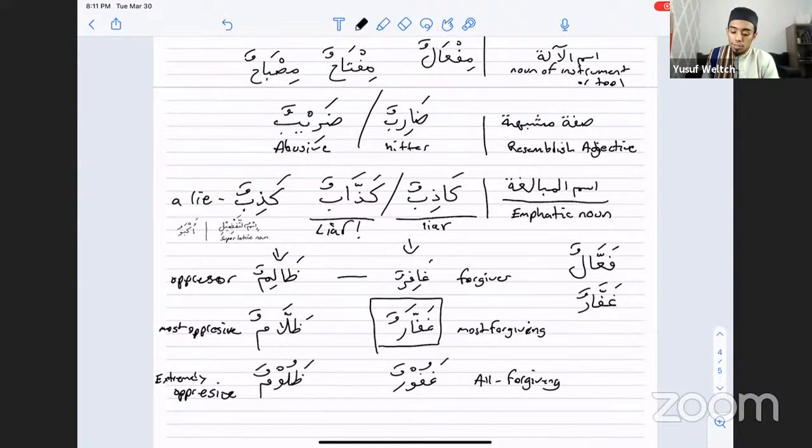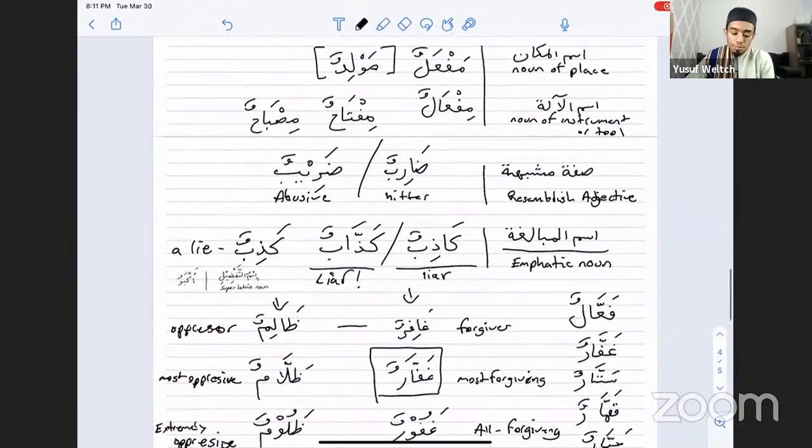So you have a lot of the names of Allah, Ghaffar, Sattar, the one who often covers the sins, Sattarun, Qahharun, the overpowerer, Jabbarun, and so forth. Okay? Any questions on those?